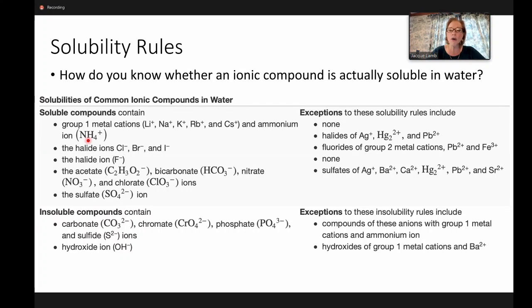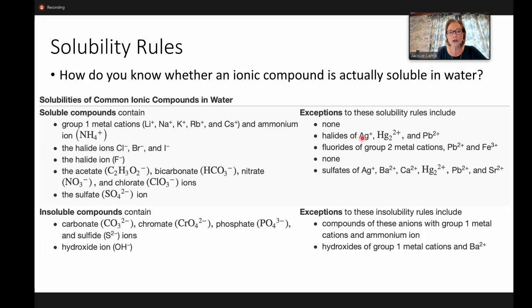There are no exceptions to that. All group 1 metal salts and ammonium salts are soluble. The second rule is regarding the halide ions, chloride, bromide, and iodide. Those salts are considered soluble, but there are some exceptions.